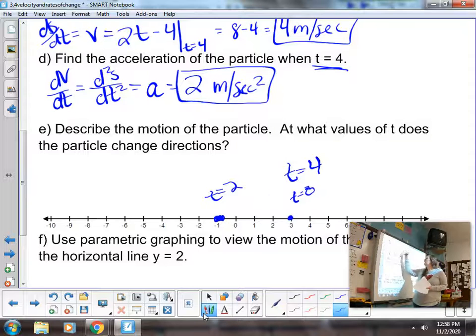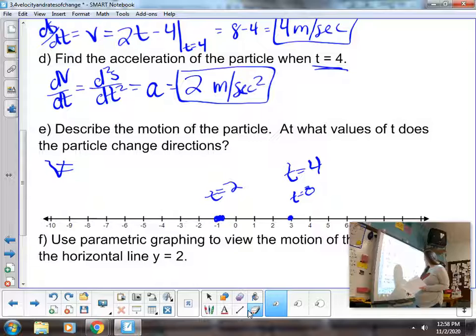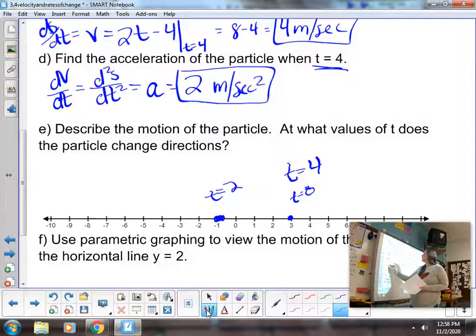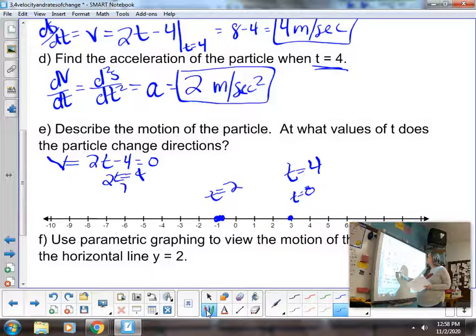So I'm going to go back to this velocity equation here. I'm going to set that equal to 0. And when I do, you can see we get 2 for that answer. So 2 is where we are changing direction.